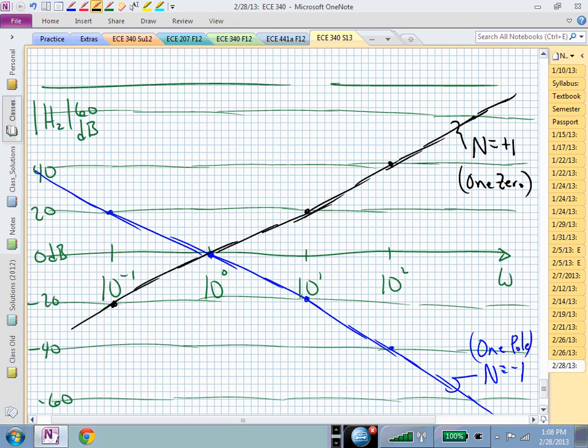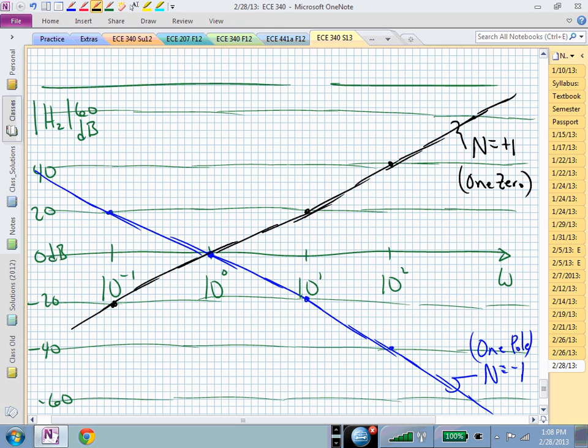So you could draw this blue, then you could draw the magnitude associated with the constant, which is 14, and now add those up point for point in terms of frequency. Effectively what you're doing is you're simply translating this blue curve up 14 dB for all frequencies. Is that clear? That's what happens when you have a gain or a constant and a pole at the origin.